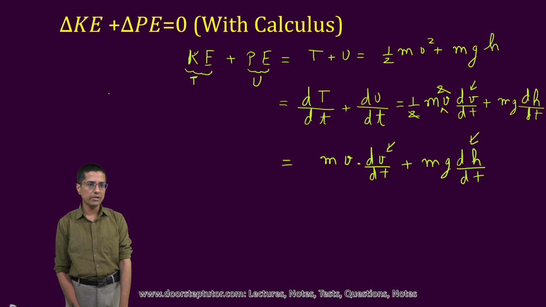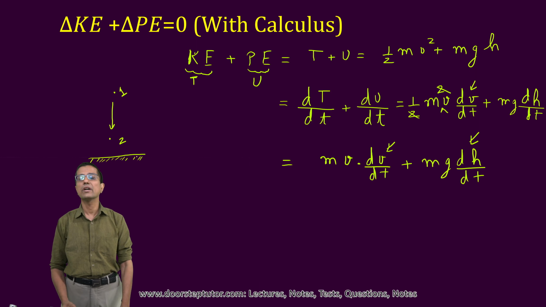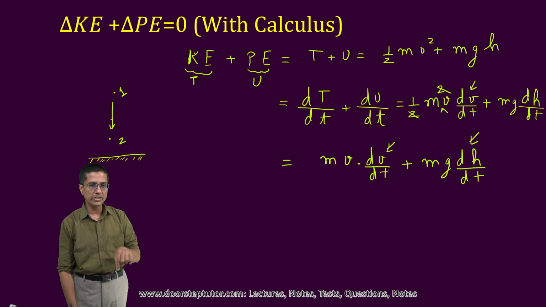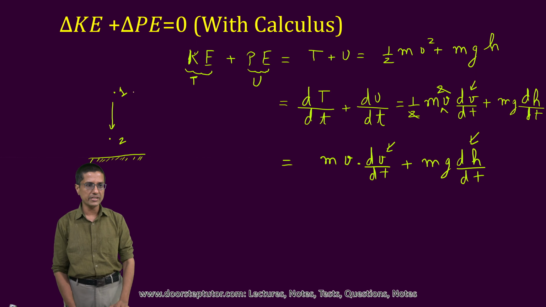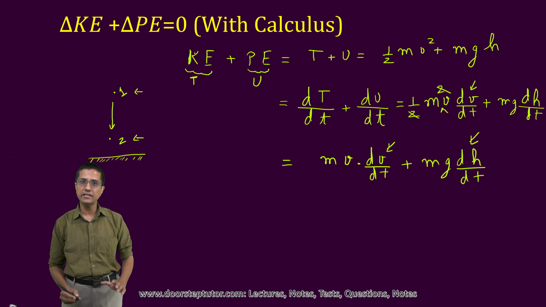Okay, so if you remember, our objects are falling like this. So we are going from 1 to 2 and the object is going like this, and then we have the ground here. Okay, so our object is going like this. So this is something we understand. So we are saying that the height is actually decreasing. That is something that we are seeing.